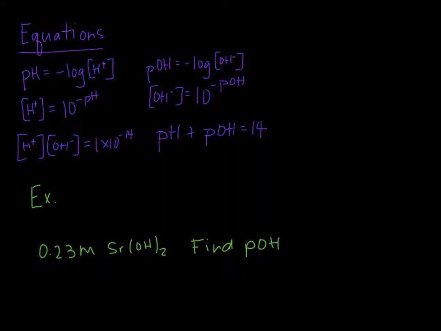Okay, so for the first example, we have a 0.23 molar strontium hydroxide, and we want to find pOH. And so the first thing I have to do in order to find pOH is I have to know what my OH is. And if we have strontium hydroxide, this dissociates completely.